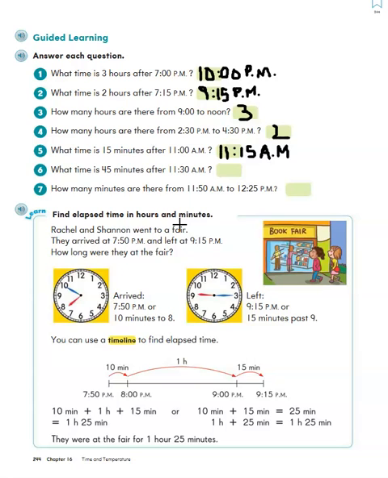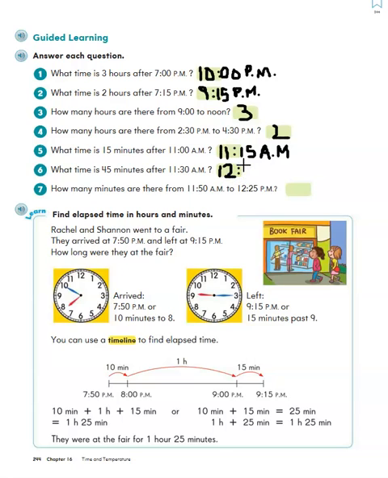So this one could get a little tricky, and for ones like this, I would recommend using a timeline, or if you can do it in your head, because you know that between 11:30 and noon would be 30 minutes, and then you need to go 45 total, so you need to go another 15 minutes after that, so that would get you to 12:15.